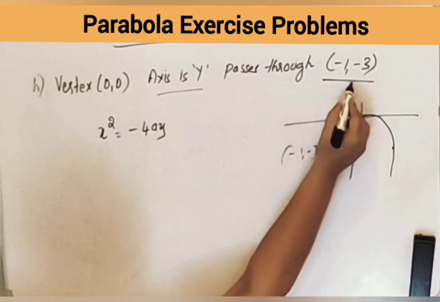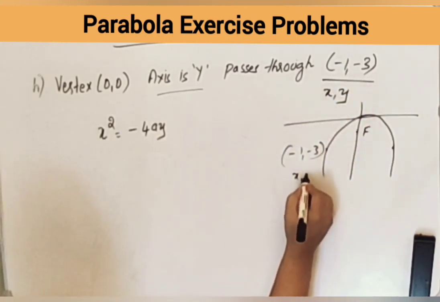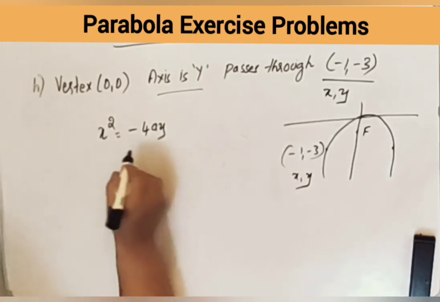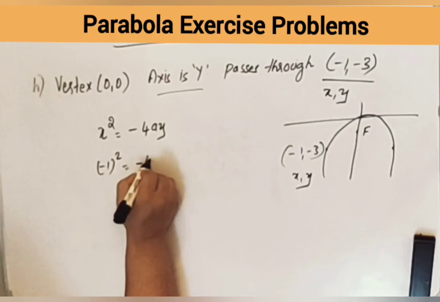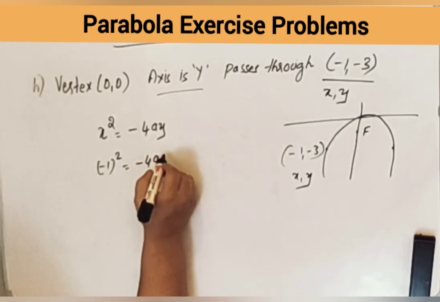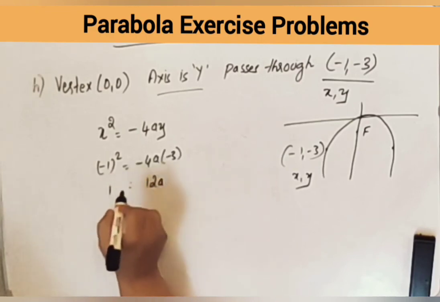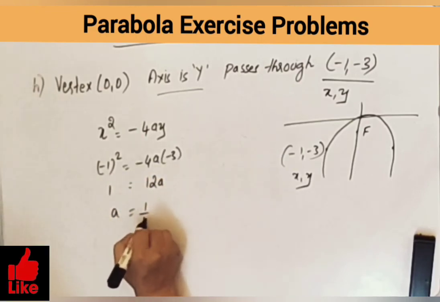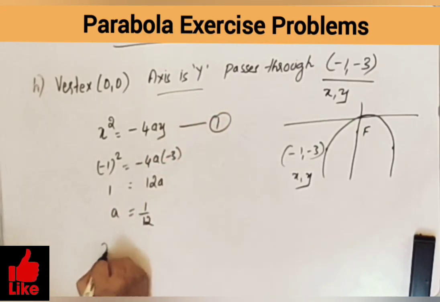Let's take the coordinate given here, (-1, -3), as x and y. Let's substitute x and y in this equation so that we get a. (-1) the whole square is equal to -4 into a into y, which is -3. So we get 12a. So a is equal to 1 by 12. Let's substitute this in the above equation.